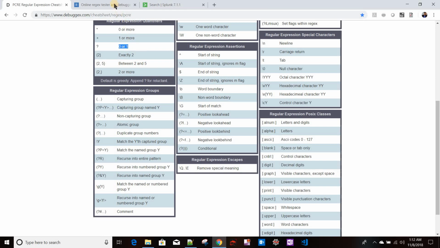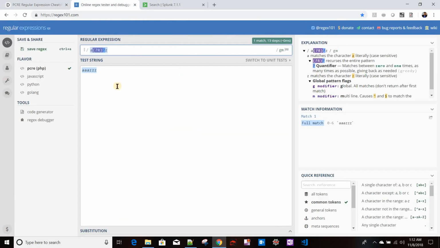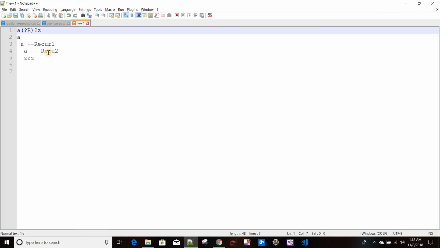As I have discussed before, question mark makes that particular expression optional. If it is present, it will match one time. If it is not present, that is also fine. So the regular expression will continue and will not be considered a fail. It will find another pattern Z, so it will match this Z in recursion 3.